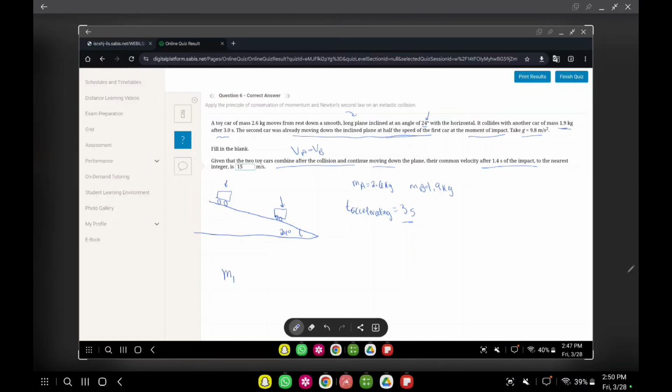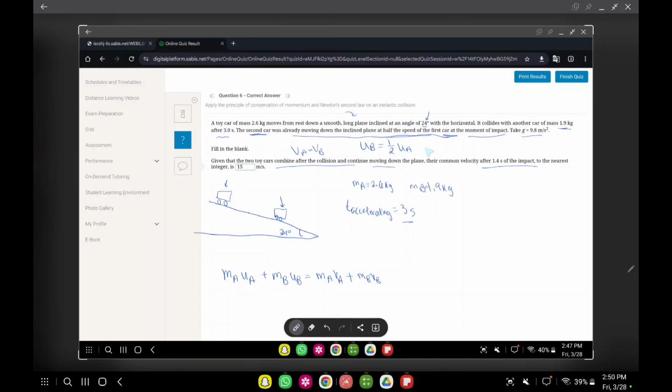When we do our collision, MA UA plus MB UB equals MA VA plus MB VB. From the given, they're telling us that U of the second car, B, is equal to half of the first car.